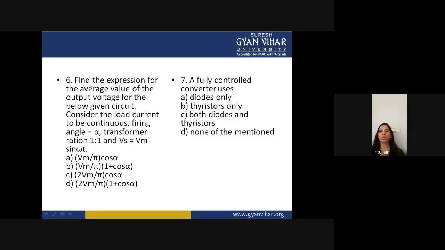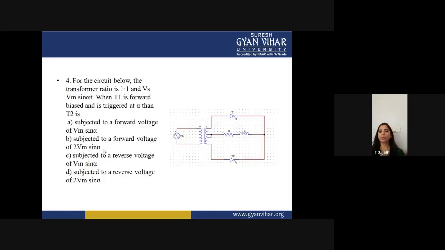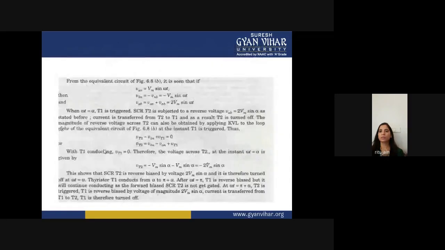Now, the next question is, find the expression for the average value of the output voltage for the below given circuit. Consider the load current to be continuous. Firing angle is alpha. Transformer ratio is 1:1 and Vs is equal to Vm sine omega t. We have already discussed the average value of output voltage for the midpoint converter.